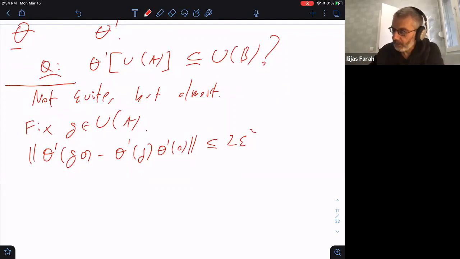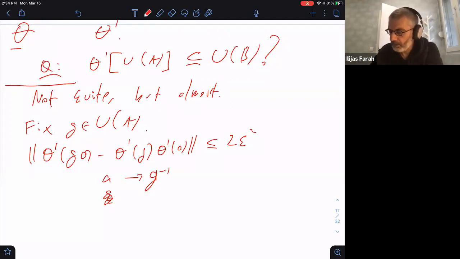So now what do we do? Well, we replace a with g inverse and keep g as it is.